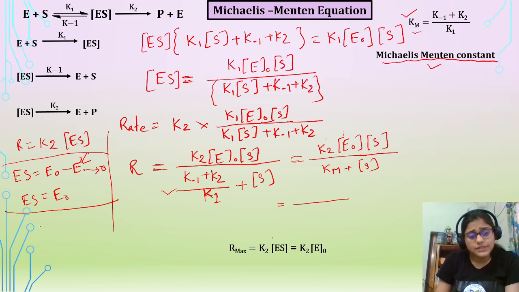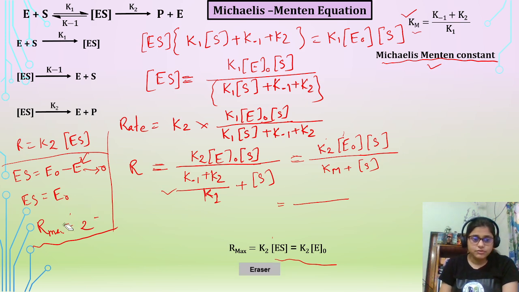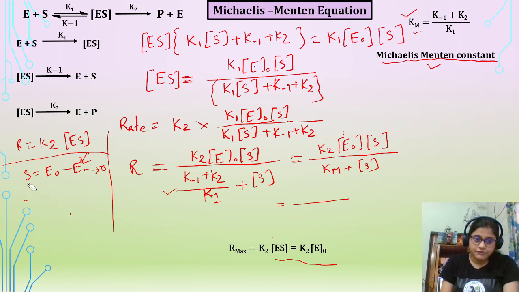If all enzymes are reacted, that time R max will be K2 ES, and if we put the value of ES there, that will be K2 into E0. So from that we can write R max is K2 into E0, which I have written here also, if you see. So I want you to know or understand every part of it.